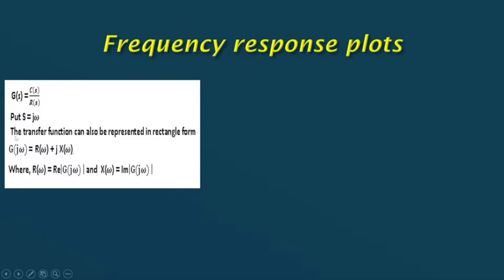This is considered the rectangular form, where R(omega) is the real part of G(j omega) and X(omega) is the imaginary part of G(j omega).